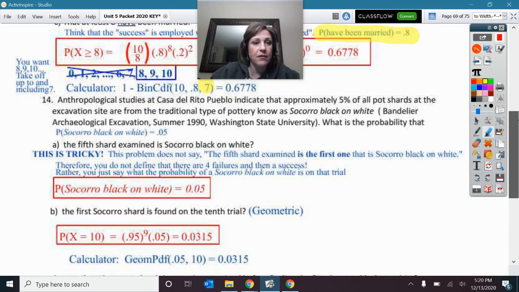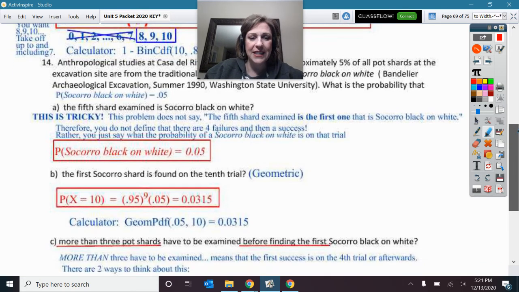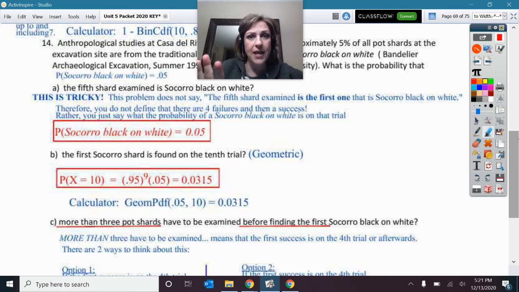All right. And then number 14. I thought this first one is so tricky. Wow, because it really makes you have to slow down and stop and think about these problems. Okay, look at this one. It's about doing an excavation, 5% are this special kind of pottery that you find, Socorro black on white. Look at question A. What is the probability that the 5th shard examined is Socorro black on white?